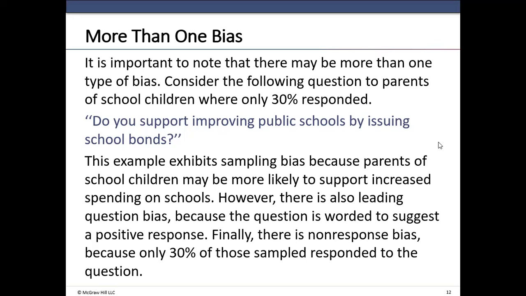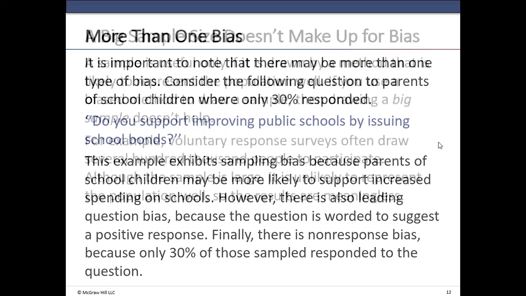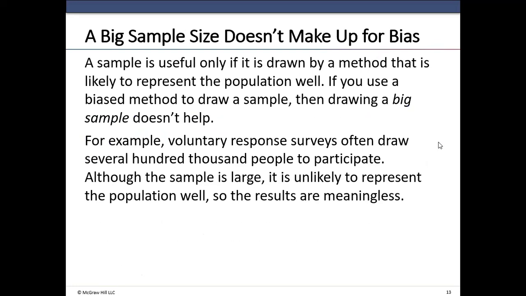So, in this example, they're showing us that a question might have several types of bias: leading question bias, then sampling bias, okay, and finally non-response bias. A big sample size does not make up for bias. A sample is useful only if it is drawn by a method that is likely to represent the population well.